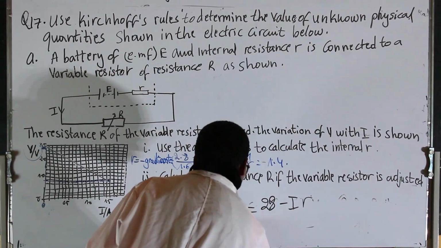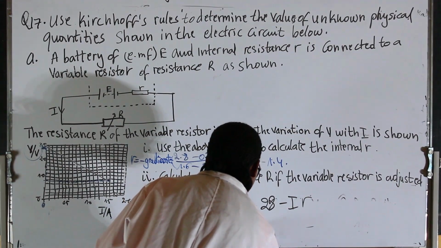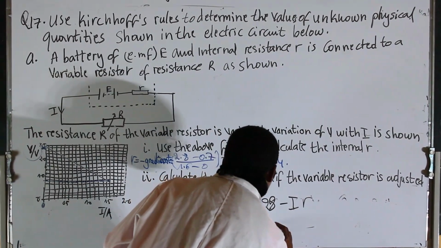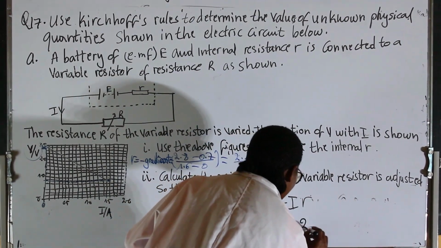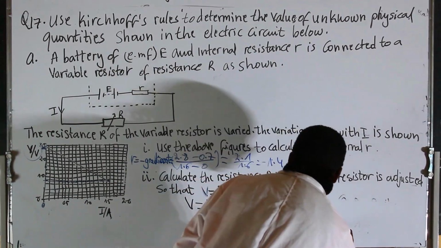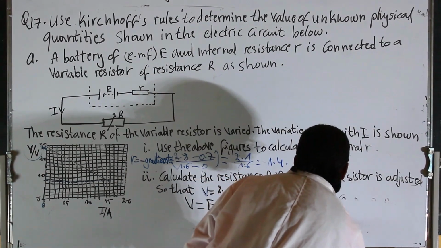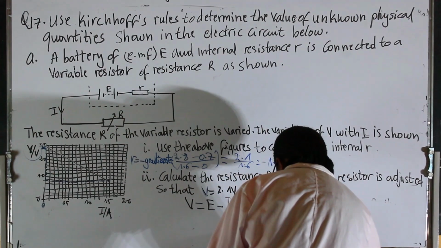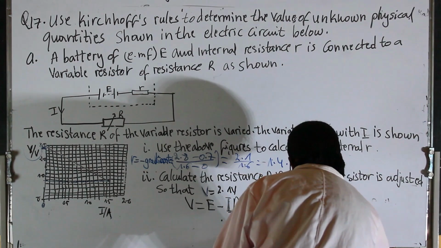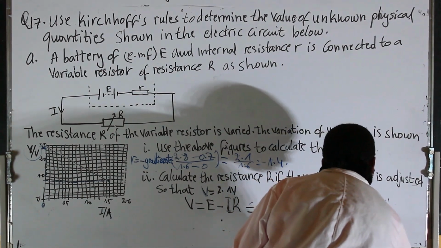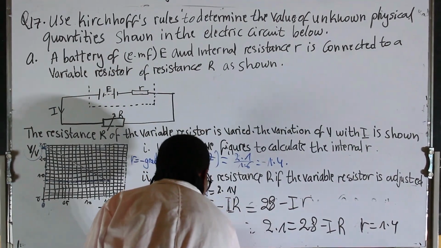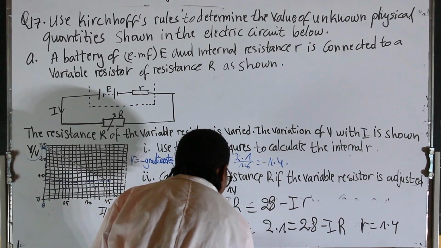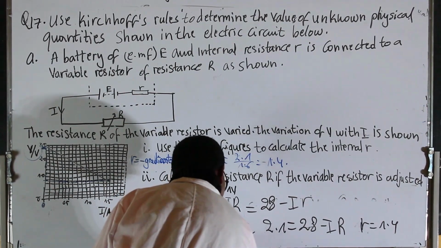Then we will get I: 2.1 equal to 2.8 minus IR. This R is equal to 1.4. Then this resistance of the resistor is equal to V over I.